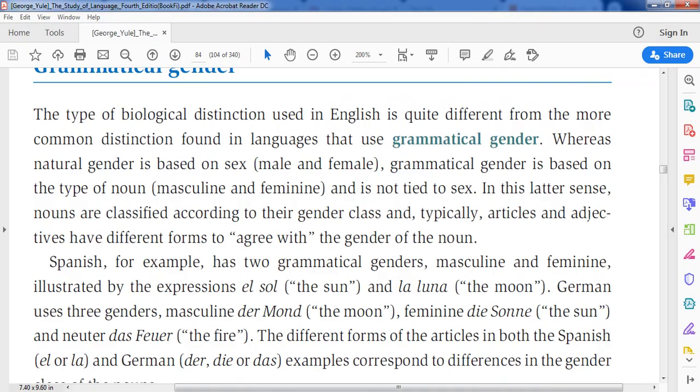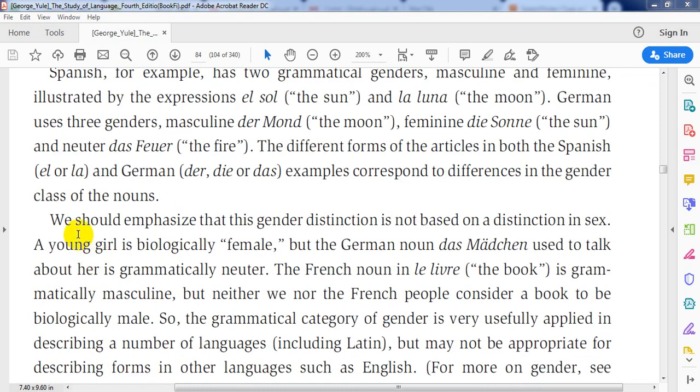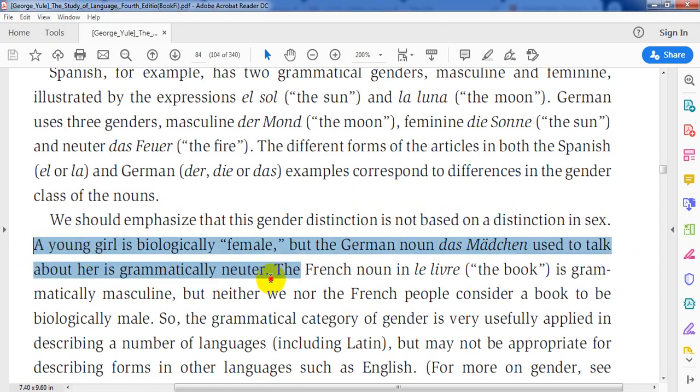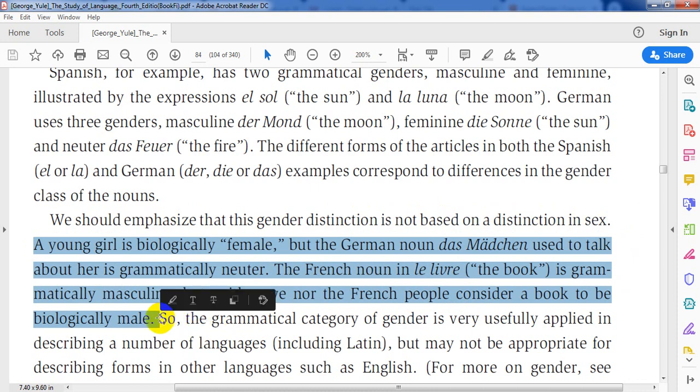Yes, we can see here, we should emphasize that this gender distinction is not based on a distinction in sex. A young girl is biologically female, yes, we know.